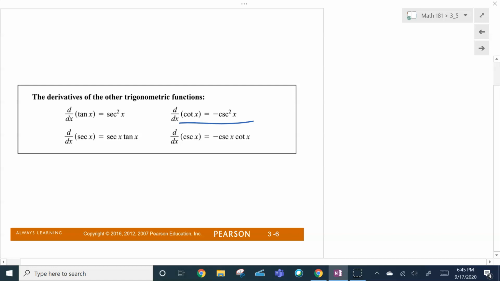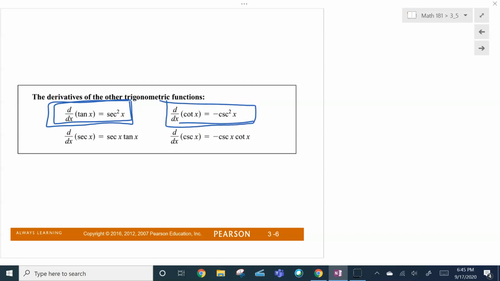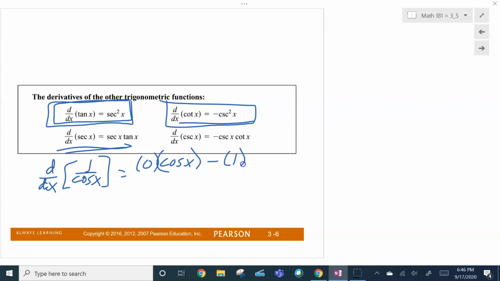You could do the exact same process to get the derivative of the tangent, okay? So you should get memorized. Derivative of sine's cosine, derivative of cosine's negative sine, derivative of the tangent secant squared, derivative of the cotangent negative cosecant squared. You can develop all these, right? You can just run the derivative of the secant, and you could just run the quotient rule, right? And you get derivative of the top times the bottom minus the top, derivative of the bottom, all over bottom squared.